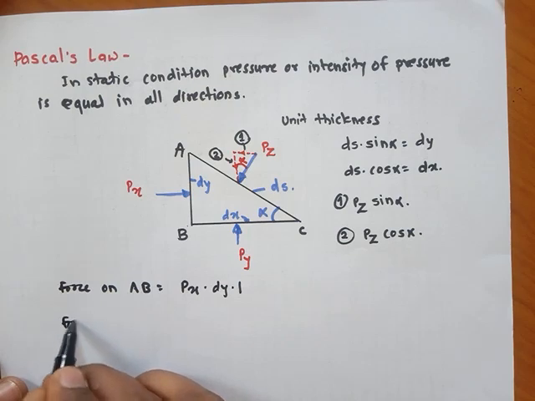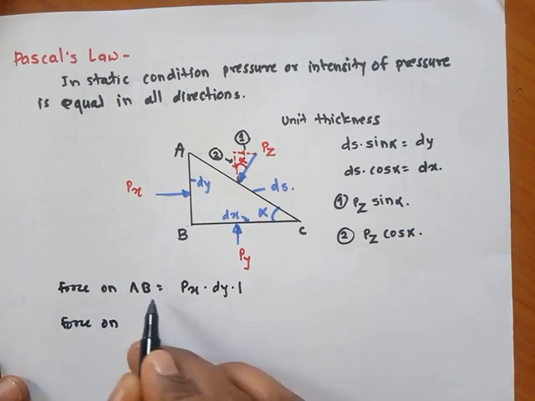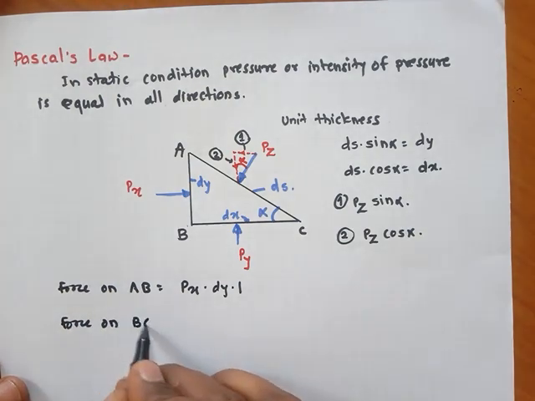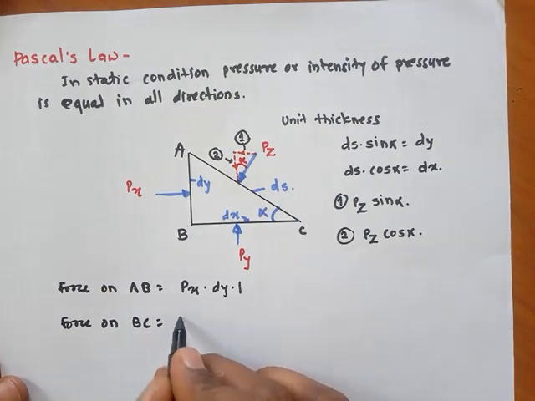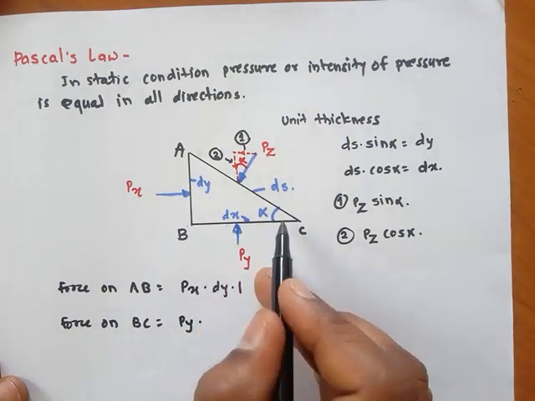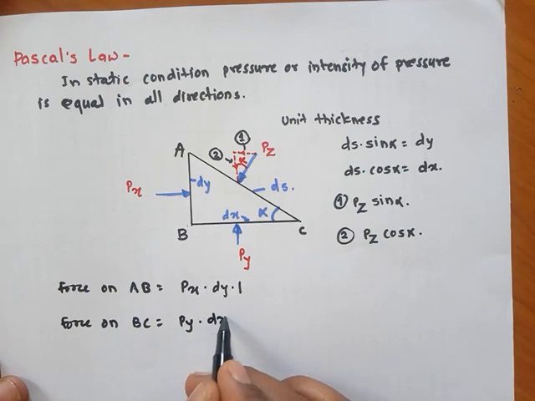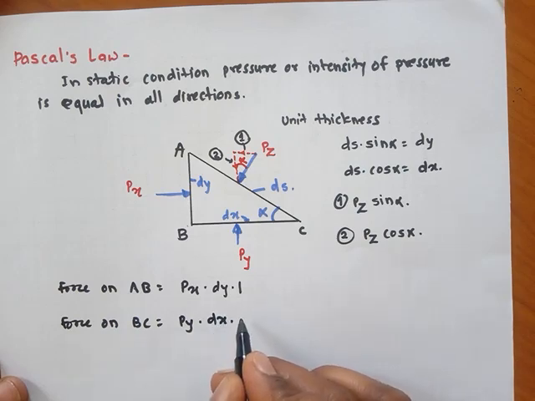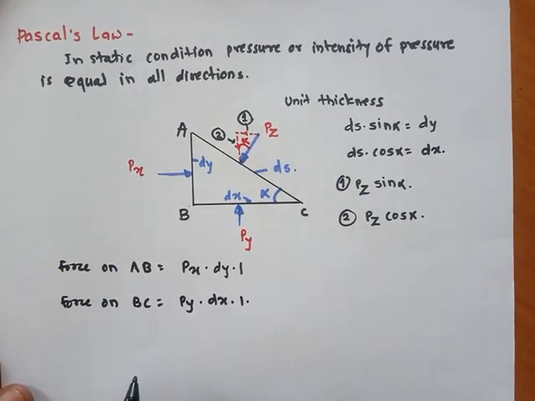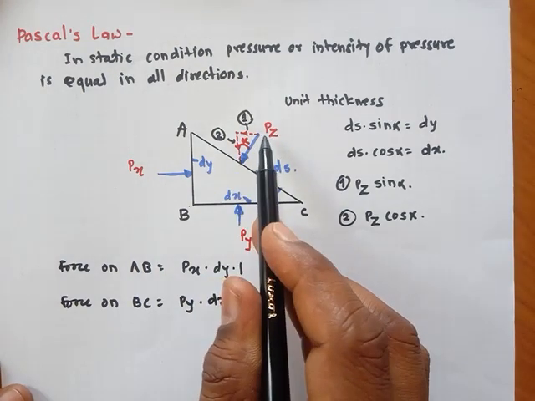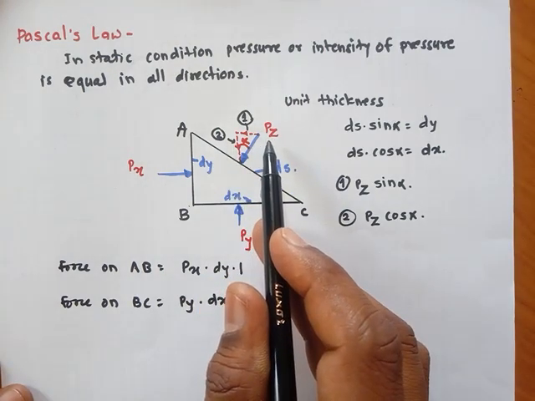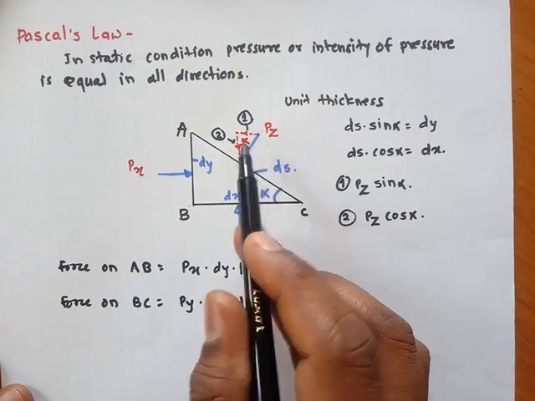The force on BC is equal to Py multiplied with dx into unit thickness 1. The Pz force we have already resolved.